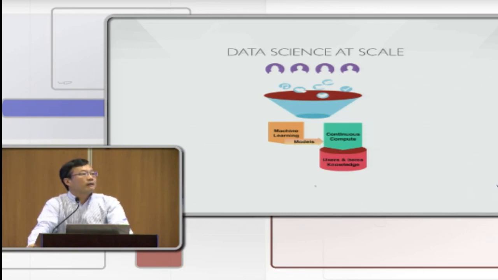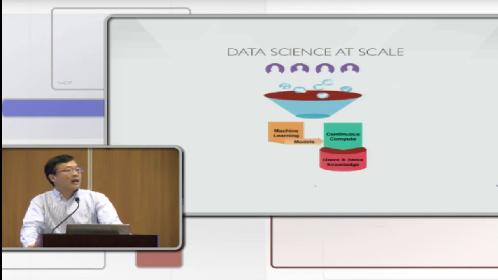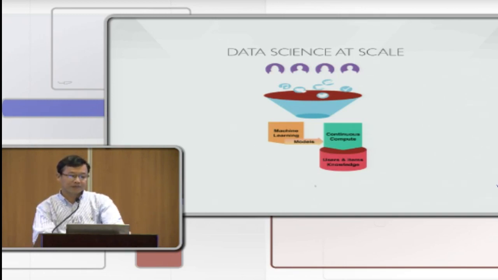And then we use those machine learning models against the live data, continuously updating our knowledge about our users and about our items. As a result, we are able to produce our new homepage or improved Yahoo search.